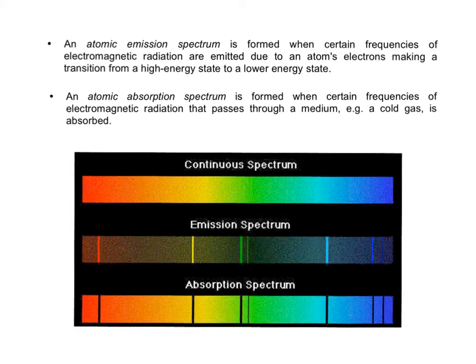And if you look, you can see that the one is the negative of the other. So where the black bands are is where the colored bands are in an emission spectrum. So they are the inverses of each other. Now, these spectra are the experimental proof for certain aspects of Bohr's model that are valid.